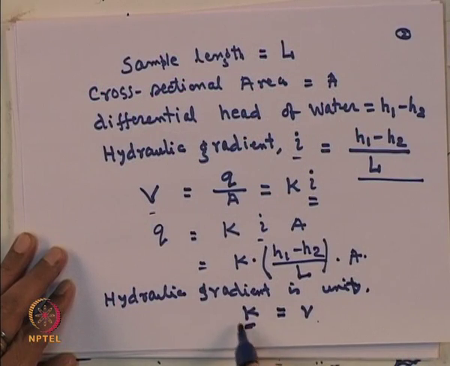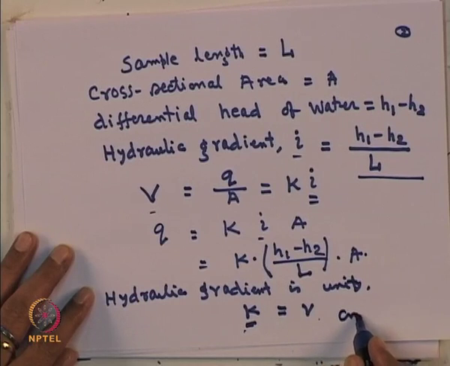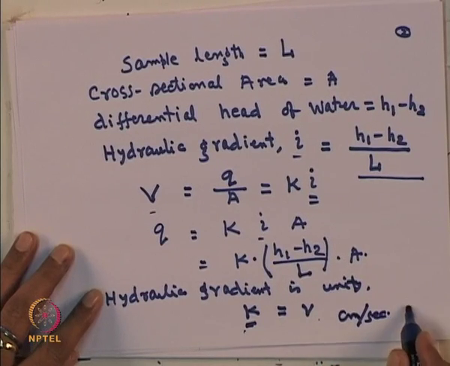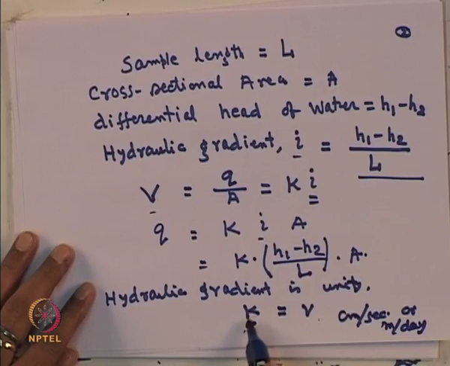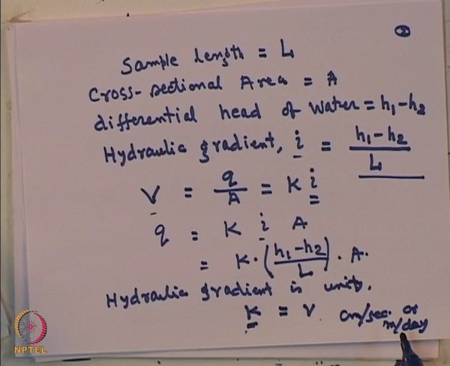The dimension of this coefficient of permeability is expressed as centimeter per second, or it can also be expressed as meter per day, because K is equal to V, a velocity.